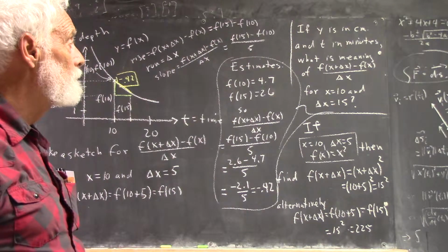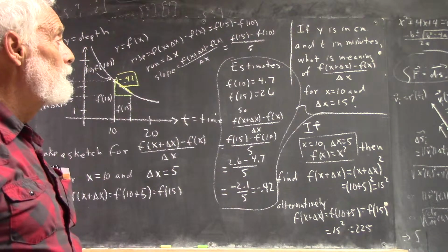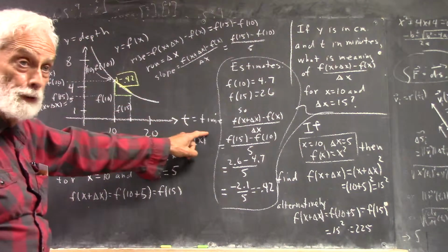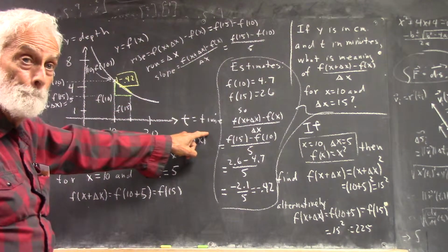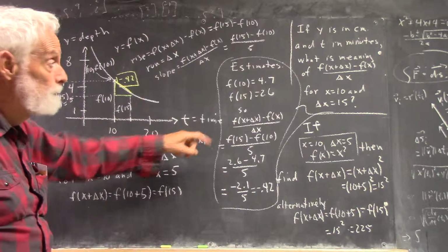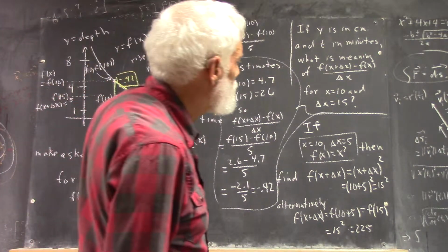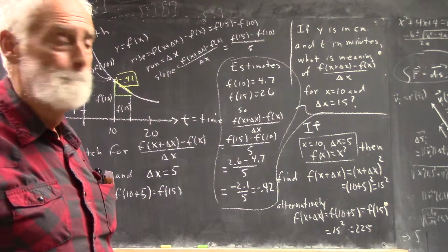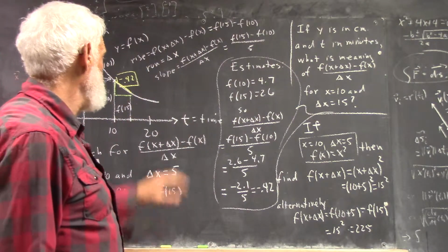Well, if y is in centimeters, of course that's a depth, because I already told you this is depth and this is time, right? So x equals 10 means what? And actually it's supposed to be t.